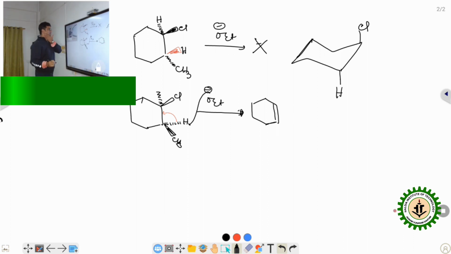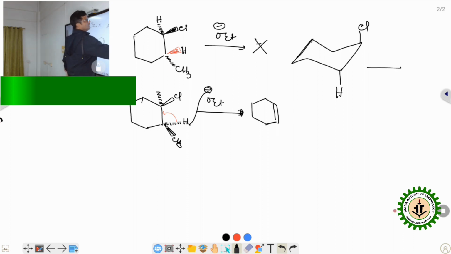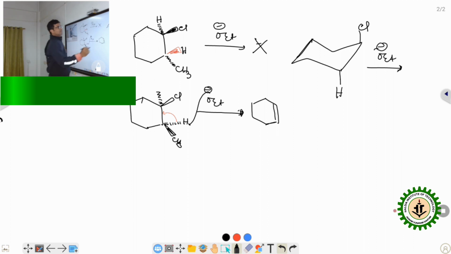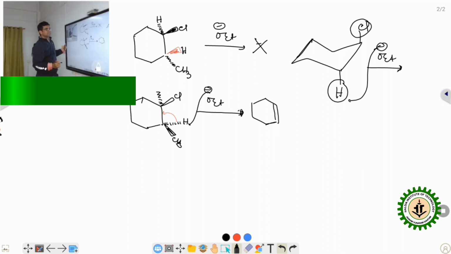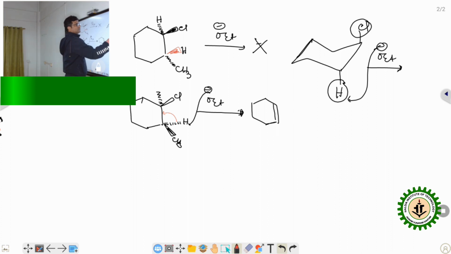Take the chair form of cyclohexane, and if I treat this with ethoxide, what will form? The product will be like this, because this H and this Cl are in an anti-periplanar arrangement, and it leads to the formation of this alkene.